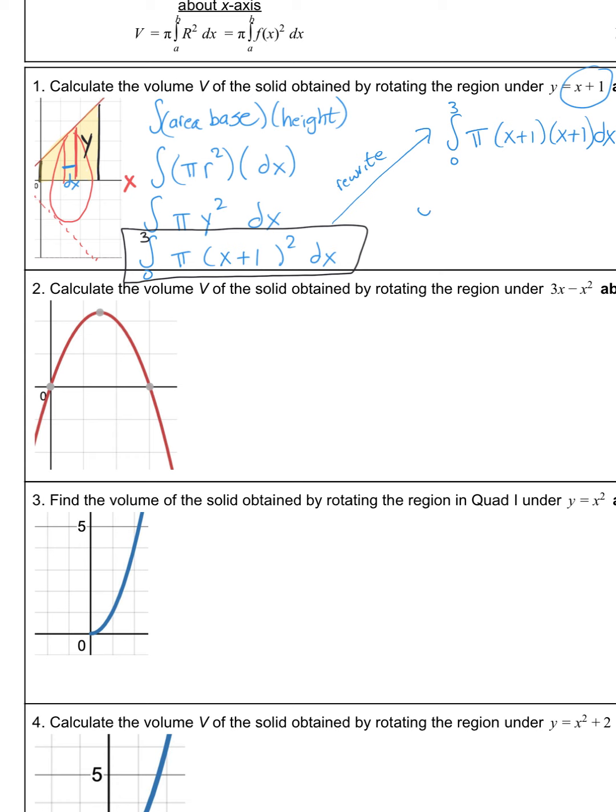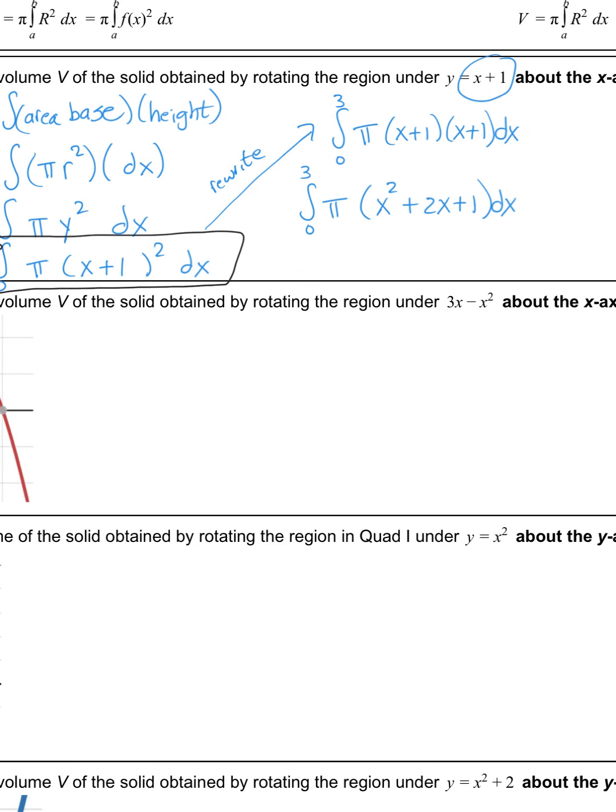If I multiply that out, x plus 1 squared gives me x squared plus 2x plus 1, either using the FOIL method or the area boxes. Now I am ready for the fundamental theorem of calculus to solve this definite integral.